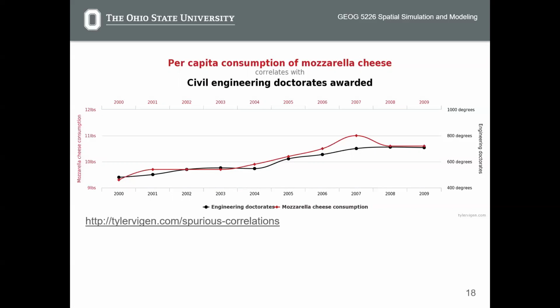So obviously you can use these two curves to create a very accurate empirical model to address this statistical relationship between these two variables. But can you say that there is causality? Can you say that the increase of cheese consumption leads to the increase of the number of civil engineering doctorates awarded?